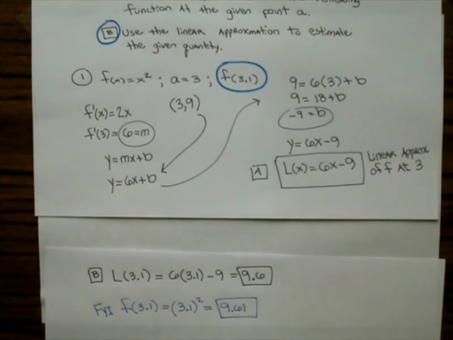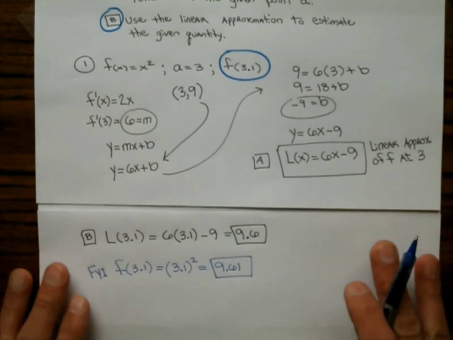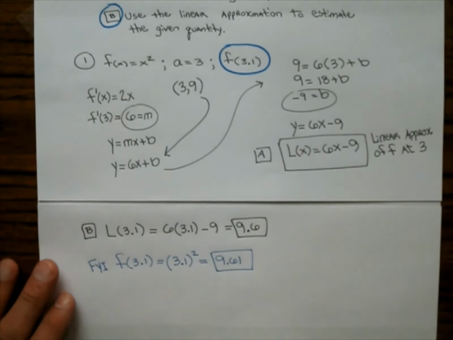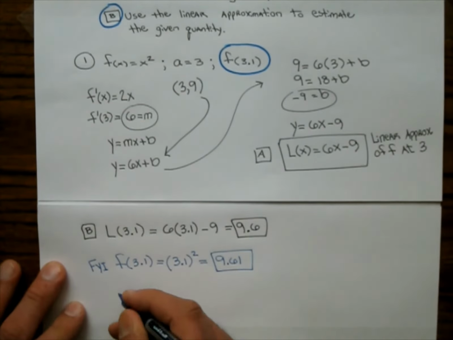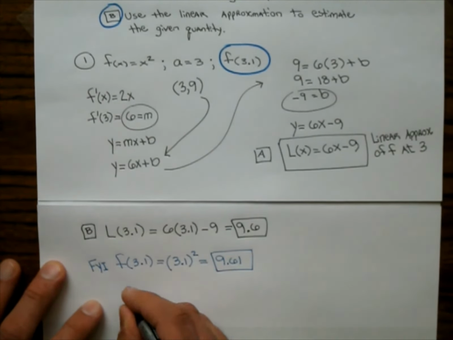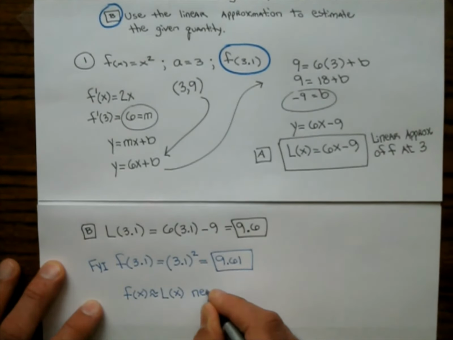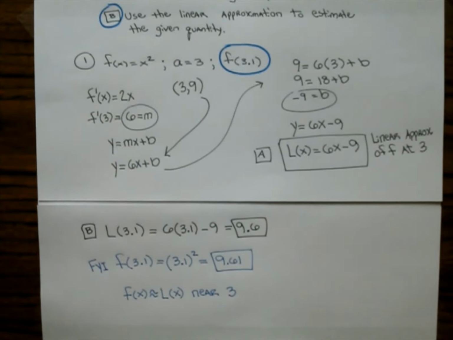So let me summarize what I just said. We have these two graphs, f and L, and we could say that f of x is approximately equal to L of x near the x value of 3. Okay?